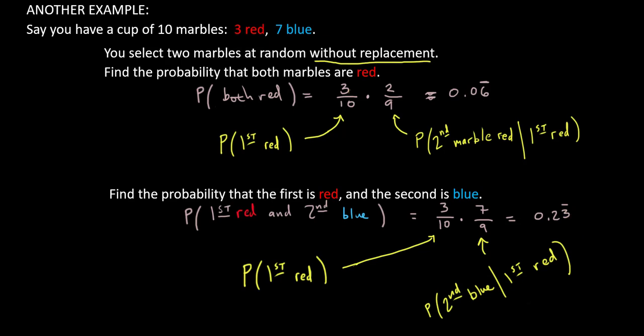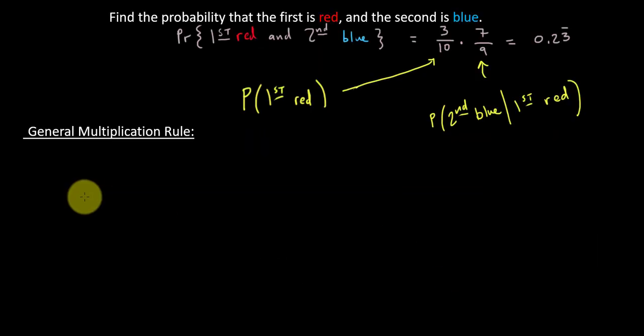I think we are ready to formalize this into a formula. This is sometimes called the general multiplication rule, where the probability for E and then F to occur, sort of like first is red, second is blue, this and then that.